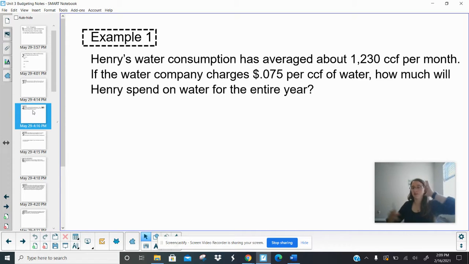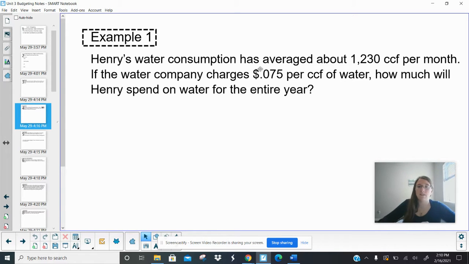So like I said, in this lesson, we're focusing on how much utilities cost and how the cost of them is calculated. So as we look at this first one on 3.1a, in your notes packet, if you happen to have it, this is on page 35, looks like. Okay.